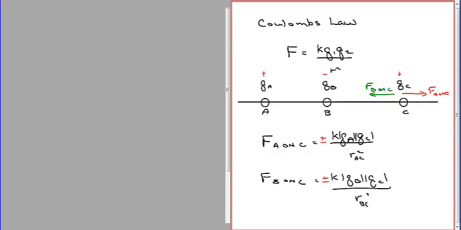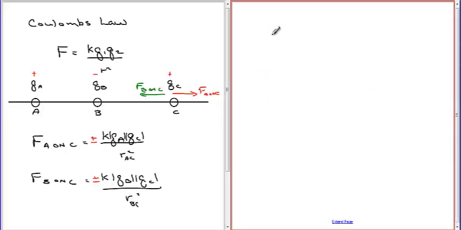So then if I asked you to find what is the force on C due to both those forces, you would just add them together. The force of A on C plus the force of B on C. The sum of those two would give you the answer.